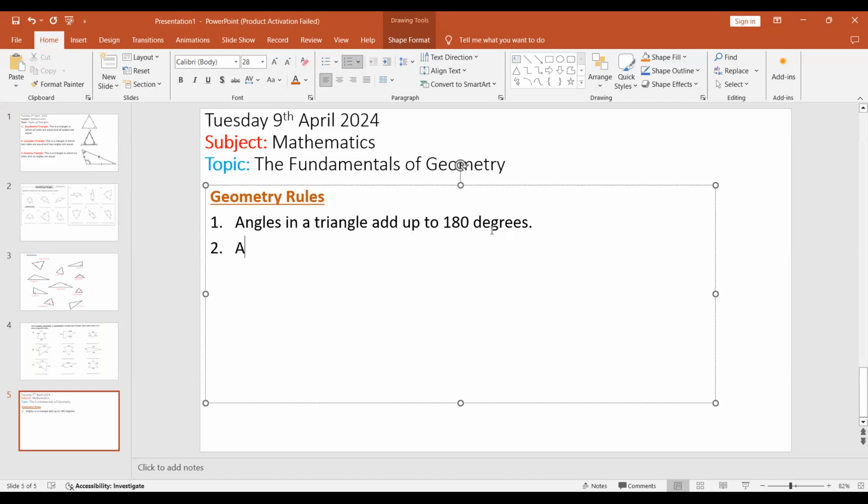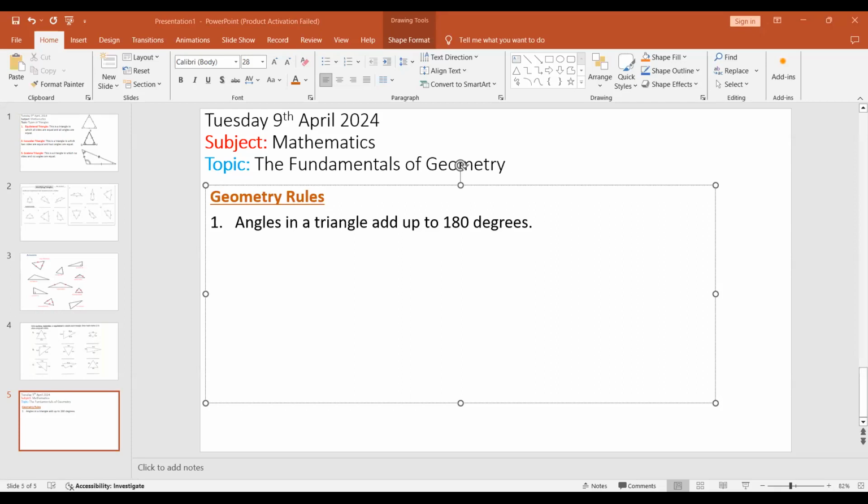Let me just explain that. I'm going to draw an image of a triangle so you can see what we're talking about and recognize that rule. The rule says that angles in a triangle add up to 180 degrees. What does that mean?